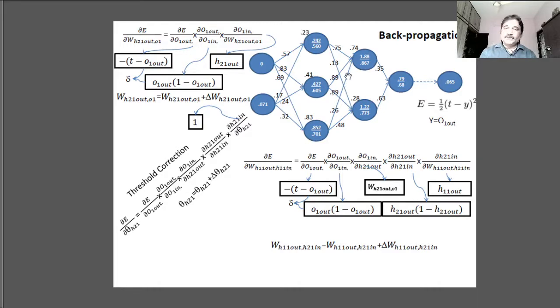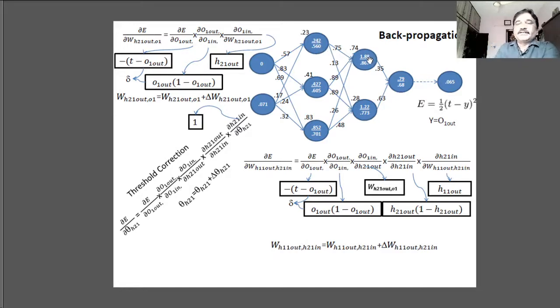Now, if I come to the correction of this weight, again this weight has some bearing on this error which we are getting here. So what I'll be doing is differentiating this error with respect to this weight. See here what I have done: dE with respect to the weight between these two neurons.